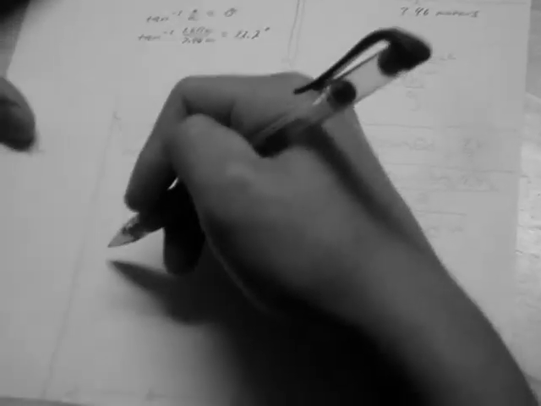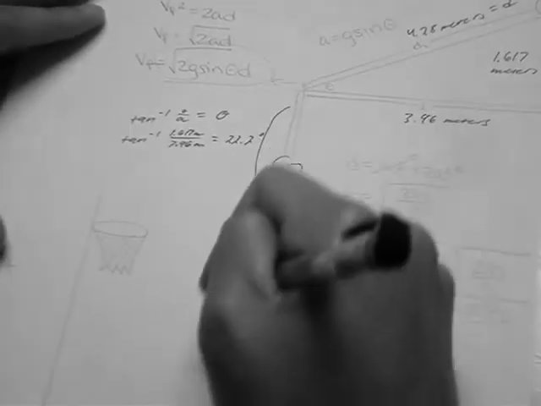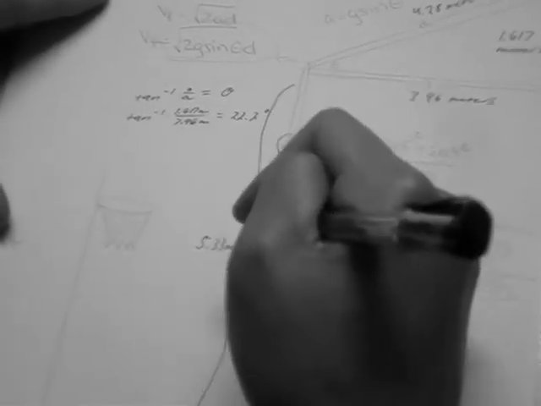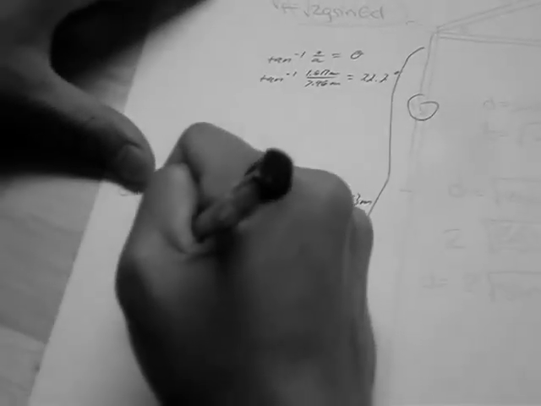Then, by measuring the height of the incline from the ground and subtracting the height of the basketball hoop, the h is found. The height of the incline from the ground is 5.33 meters, and the height of the hoop is 2.9 meters.